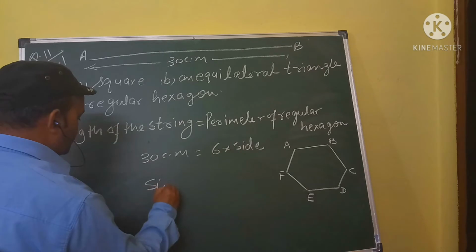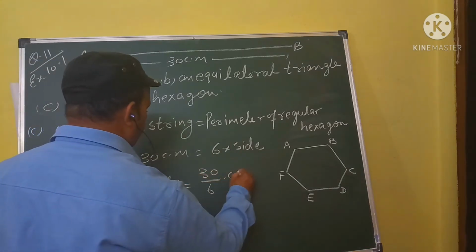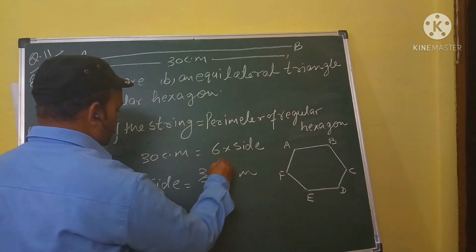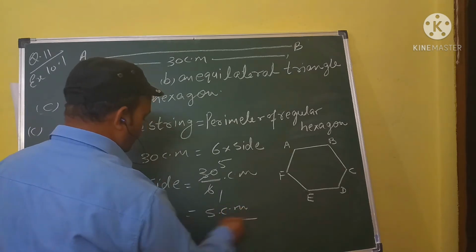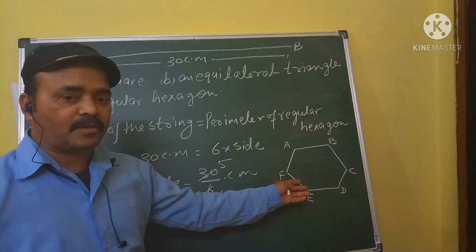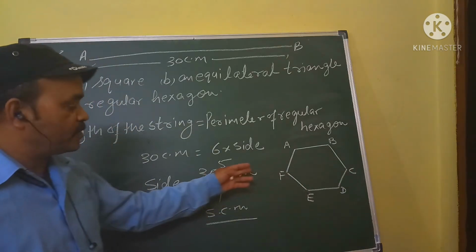Then side is equal to 30 upon 6 centimeter. Now look here, 6 ones are 6, 6 fives are 30. 5 centimeter. 5 centimeter is each side of the regular hexagon. Okay, this is your required answer.